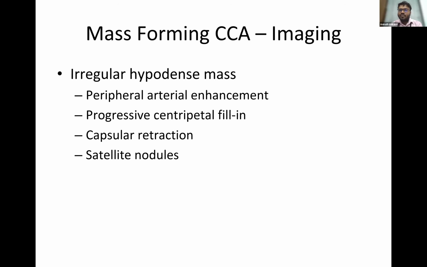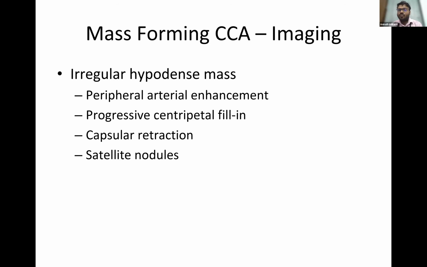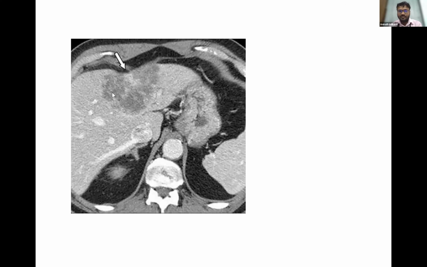In mass forming cholangiocarcinoma, it will show peripheral arterial enhancement and progressive centripetal filling with capsular retraction and satellite nodules. So here you can see there is a capsular retraction.